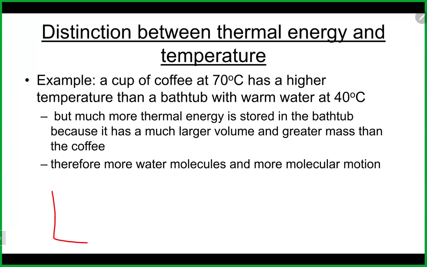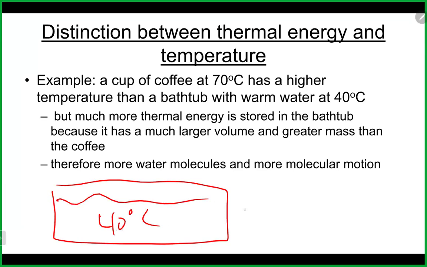So we have a big bathtub here at 40 degrees Celsius, and just a little cup of coffee at 70 degrees Celsius. The one with more thermal energy is actually the bathtub, because clearly the bathtub has a lot more molecules and a lot more vibration of those molecules moving around than the coffee cup. But the coffee cup has a lot more temperature, I guess is a better way of saying that.